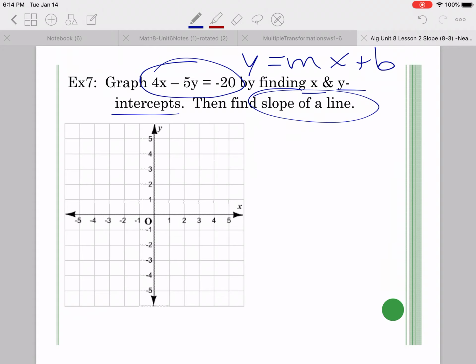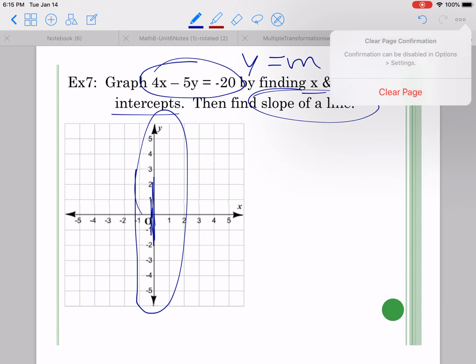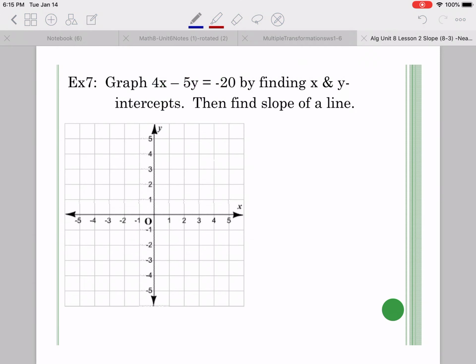But let's find those x and y intercepts. So remember the y-intercept, that's where it hits the y-axis. If you think about it, the x value right here in the middle is 0. And so that means we're plugging in x is 0 to find the y-intercept. Now, when x is 0, anything times 0 drops out.